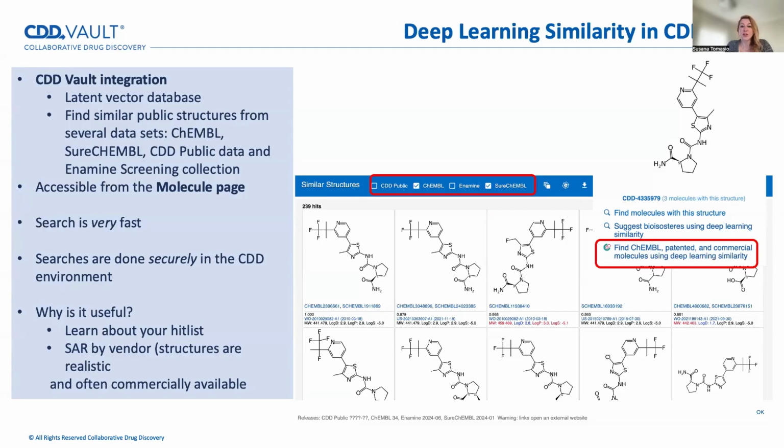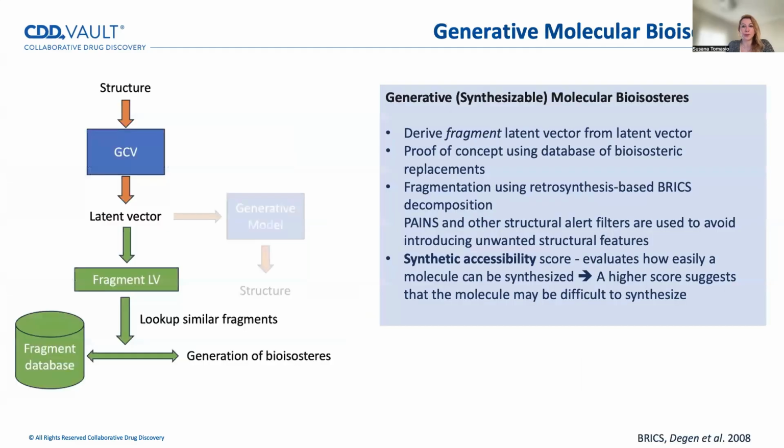The advantage is that your structure does not go out of CDD Vault, and then you get the similar structures along with their chemical properties. The known structures will have an ID with a link, which you can click and go out to ChEMBL to find out more information about these structures.